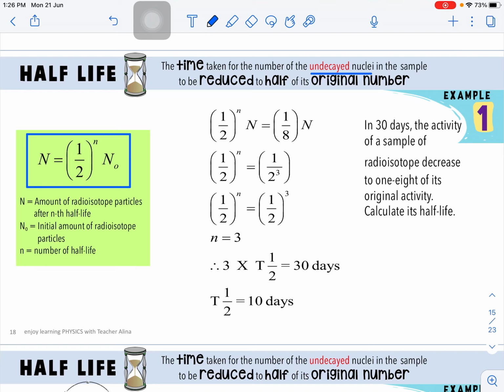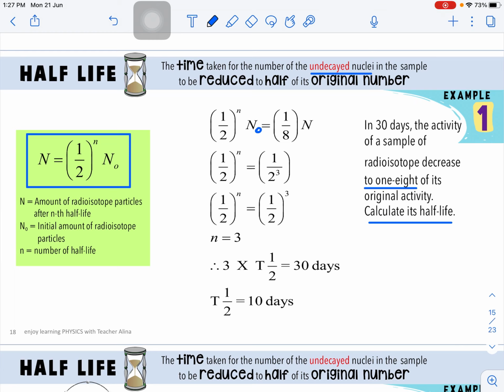Let's say in 30 days, the activity of a sample of radioisotope decreases to 1/8 of its original activity. Calculate its half-life. Our equation is half to the power of n times N0.